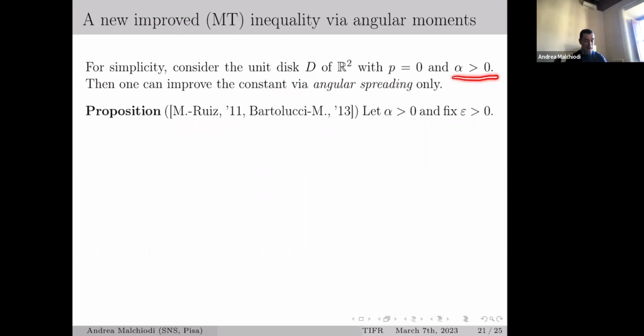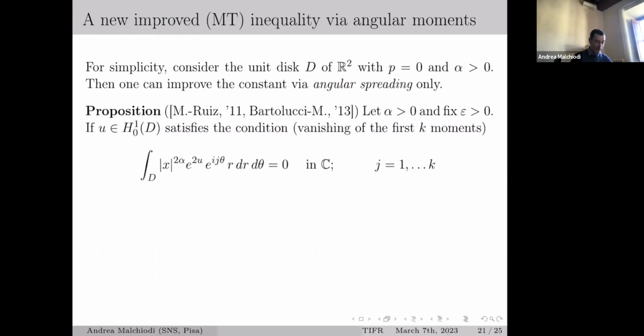You fix your positive weight alpha and a small epsilon, which you can imagine to be 0 for simplicity. Now you take functions in W^{1,2}_0, so they are in the class W^{1,2} and vanish at the boundary of the disk. And you assume that this volume measure, so there has to be this power of |x| by the change of variables that I described before, but you can think of the conformal volume.